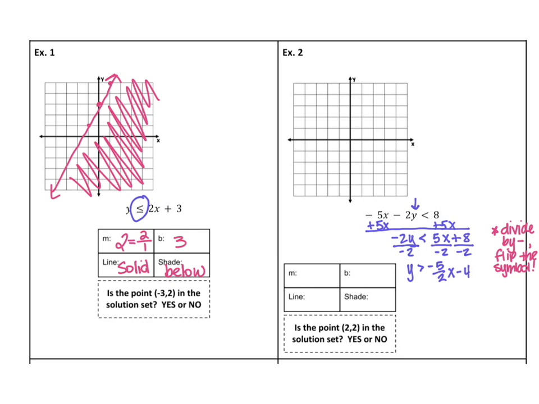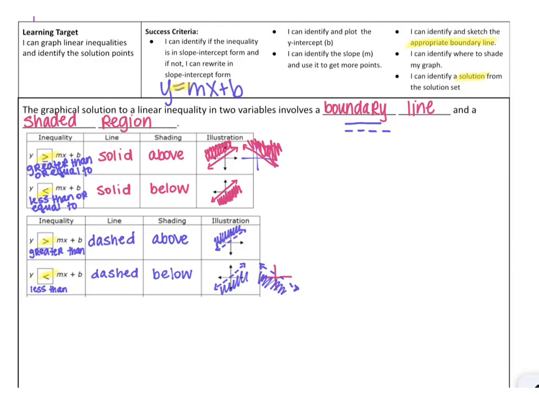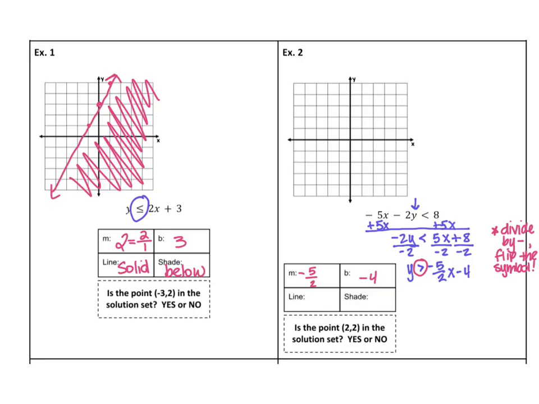Now it's in slope-intercept form, and we can identify the m, which is negative 5 halves, the b, which is negative 4, and then I can go ahead and use that symbol and use my chart to determine that I need y is greater than, it's going to be a dashed and above line.